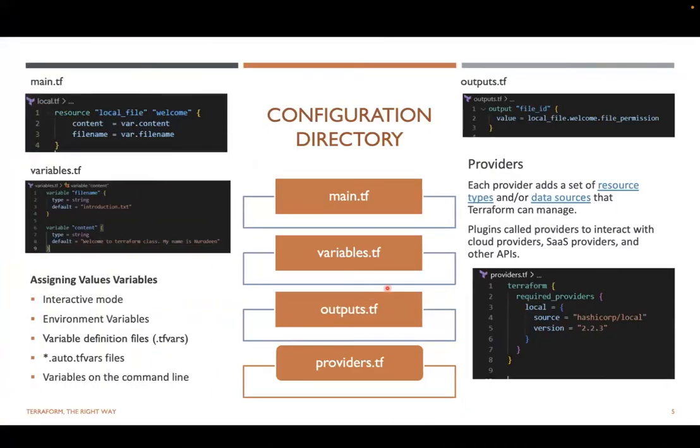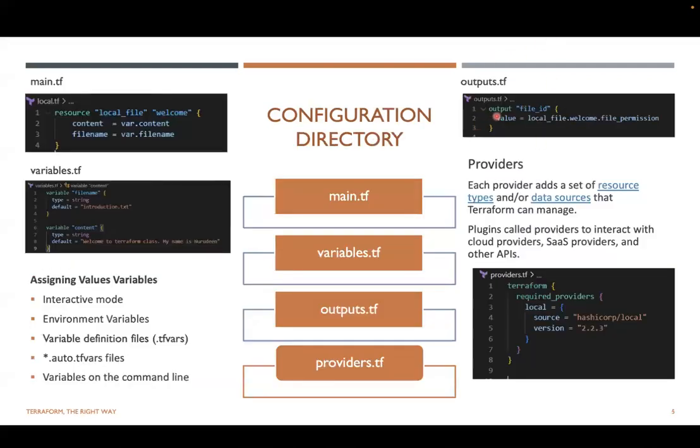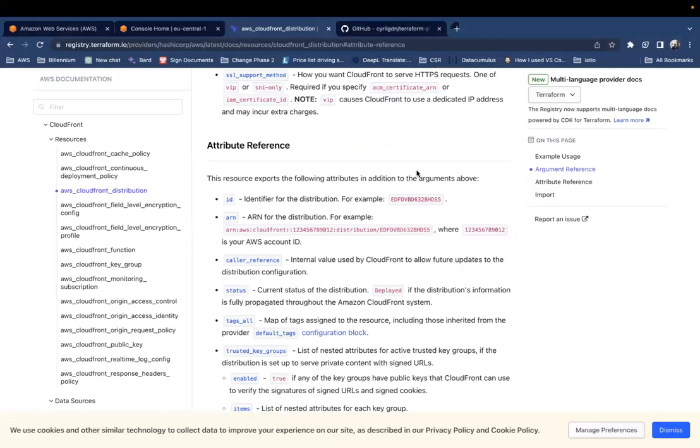Similar to the local file here: when I was defining it, I did not pass in file permission, file name, or ID. But after it was created, these were created alongside it. This is an attribute, and from this attribute I can reference the particular output that I want for my Terraform code block.